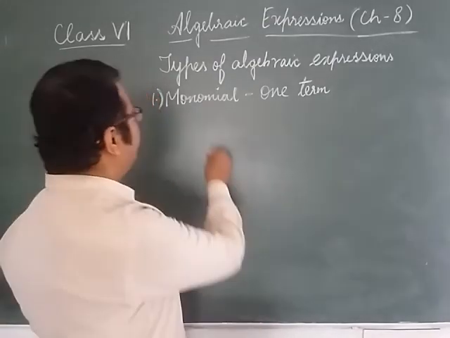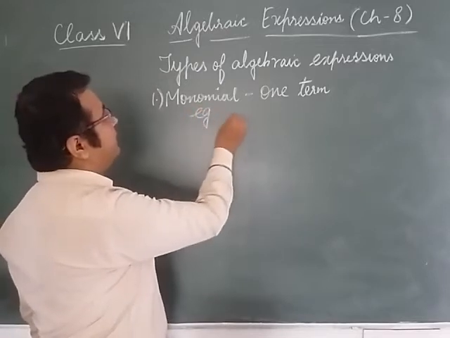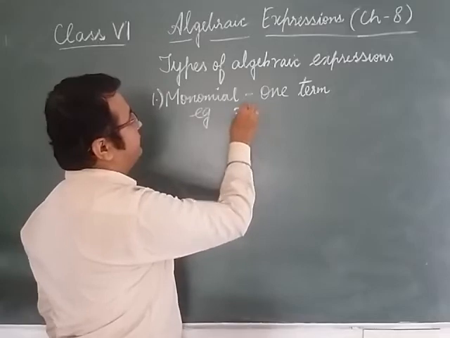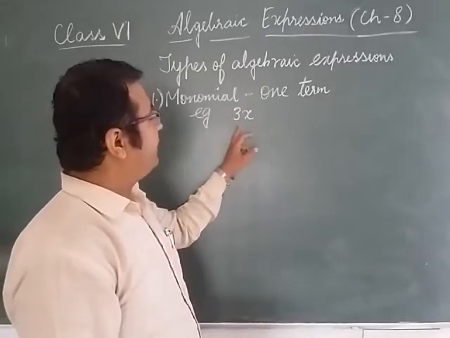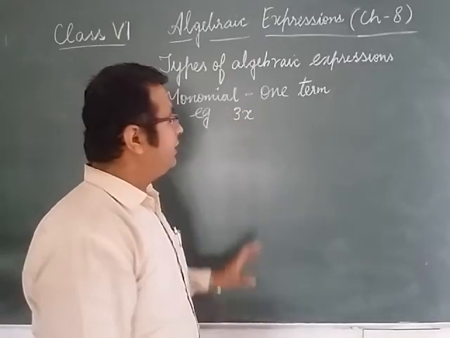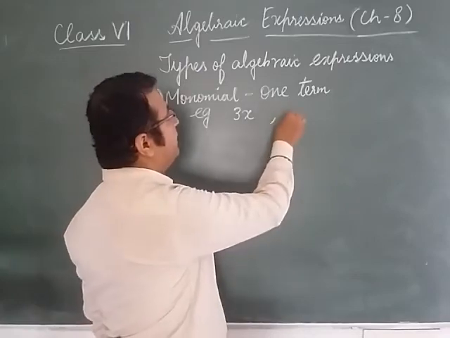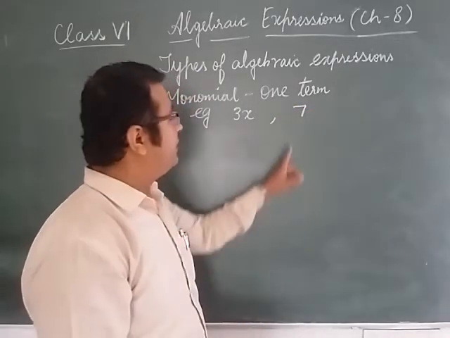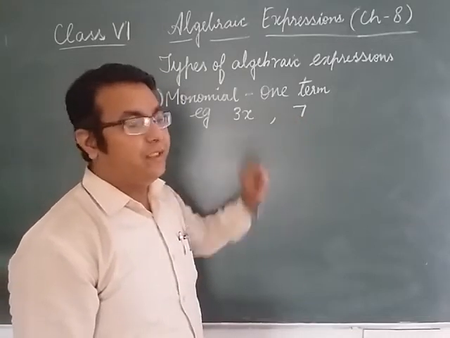For example, if I just write 3x, it contains only one term, only 3x is there. Another example, if I write only 7, this is also a monomial. Why? Because it contains only one term, that is 7.